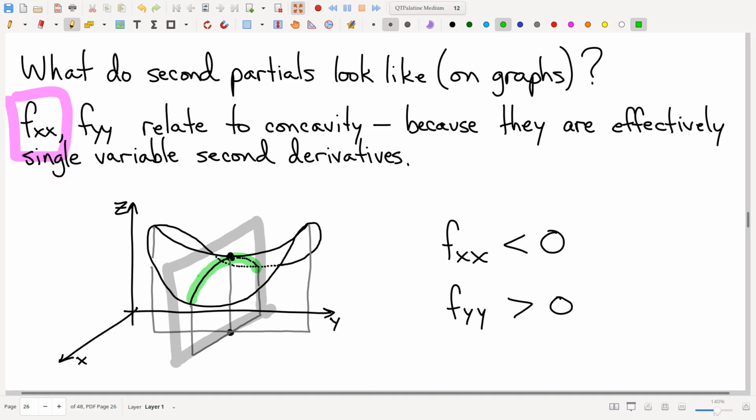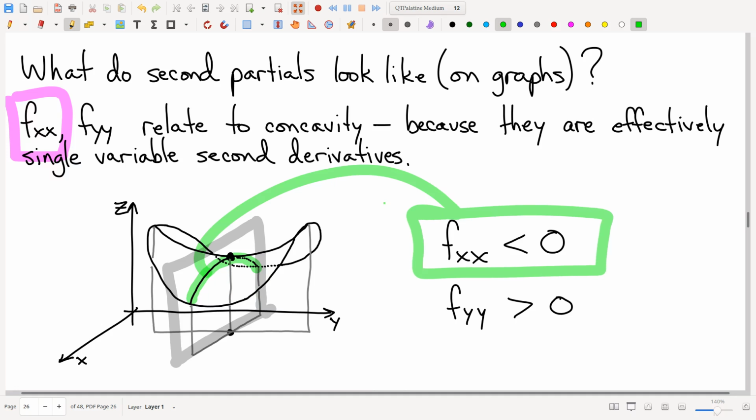We're taking a single variable second derivative, and single variable second derivatives refer to concavity. This is clearly concave down. Concave down is represented by that being negative. That's exactly what you would hope, right? Exactly the sort of geometric interpretation you'd have fingers crossed hoping would work out, and a happy answer there.